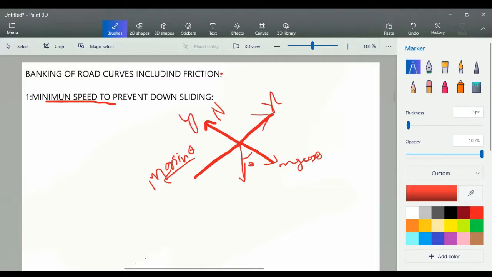In this case, the friction force will be upward, preventing the car, because the tendency of the car is to slide downward. This is the friction. And what about the centripetal force?